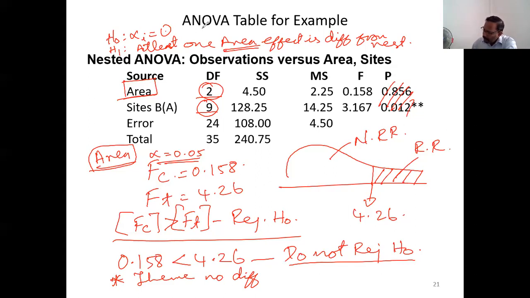There's no difference in the particular attribute among the areas. So no difference between the areas, right? That is how we conclude it.